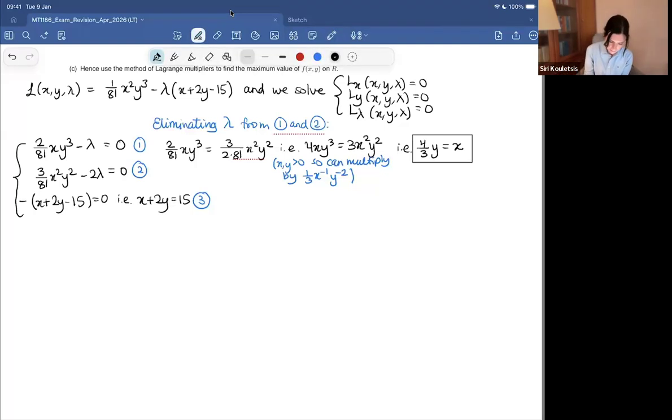It doesn't matter. I'm just going to put sub into equation 3. And now it's just a matter of pulling all of this together. And we should get here 10y over 3 is 15.